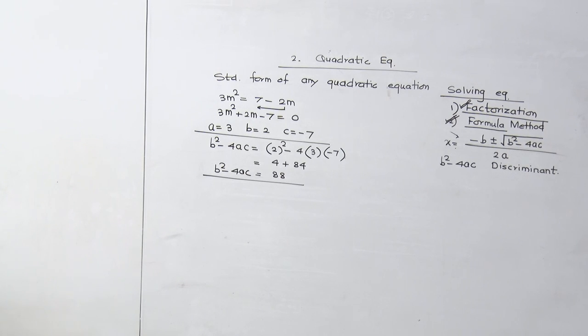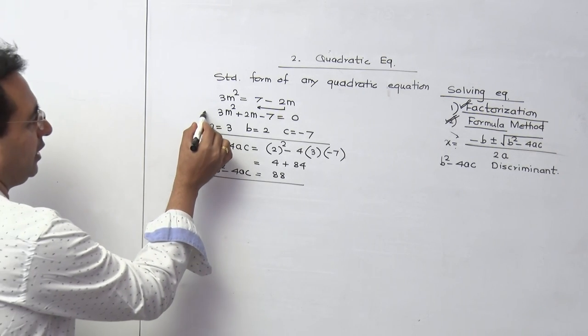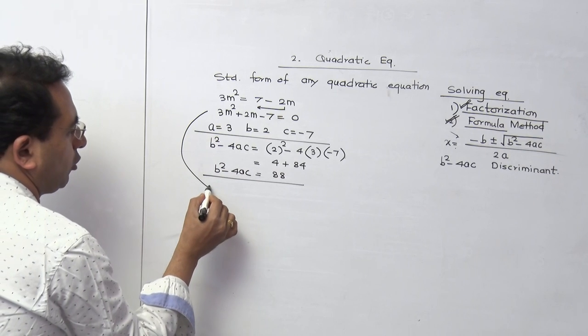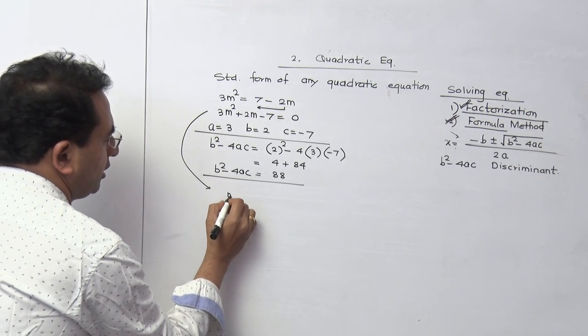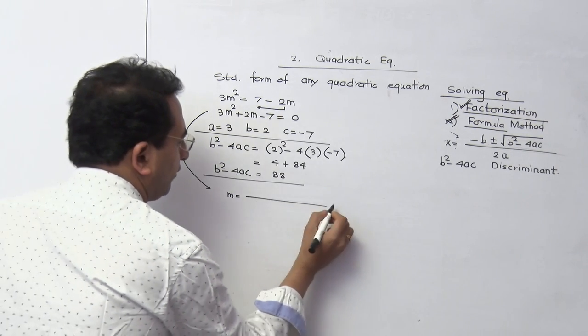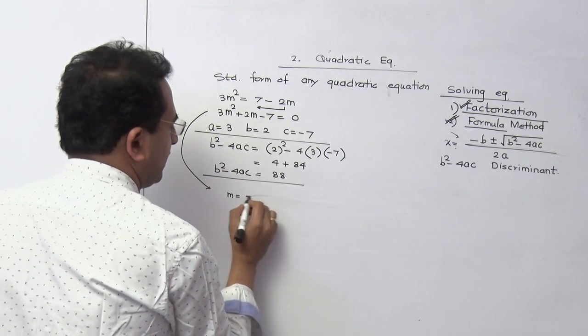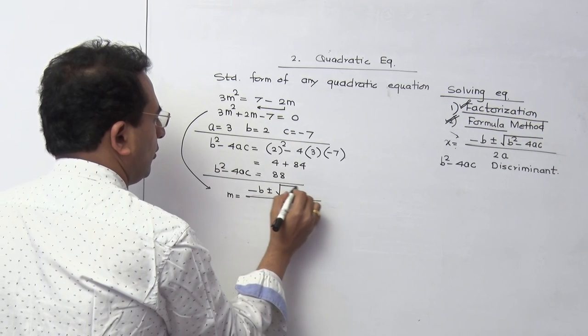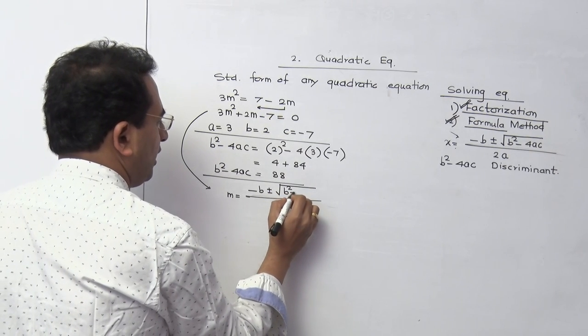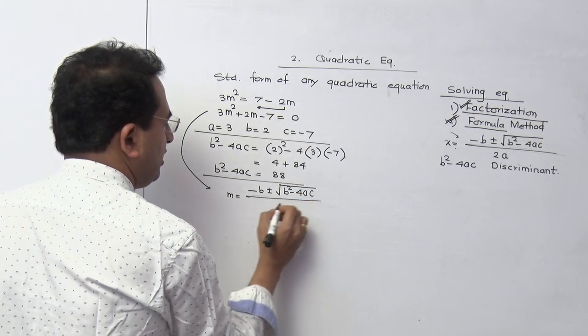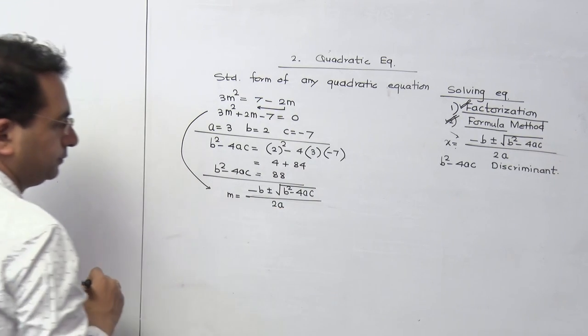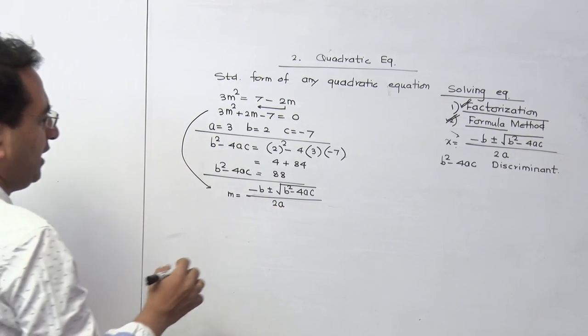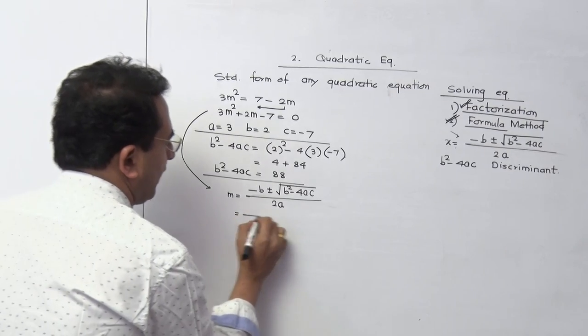Now we can write a formula. Remember one thing, that variable involved in the quadratic equation is to be written here, that is m. Our formula will be same, that is minus b plus or minus square root of b square minus 4ac upon 2a. Now when you are writing this, substitute the values here directly.